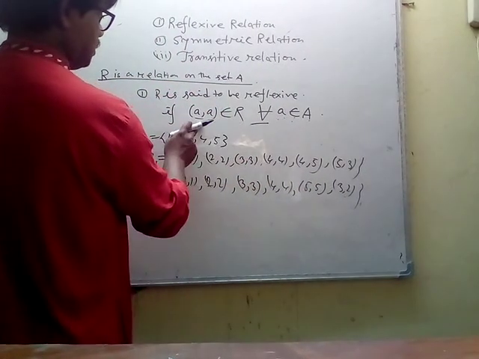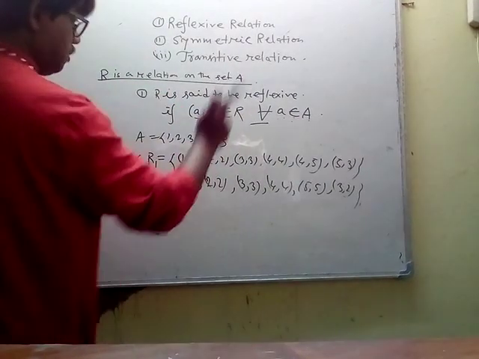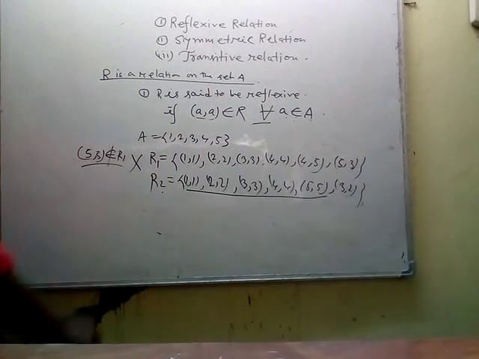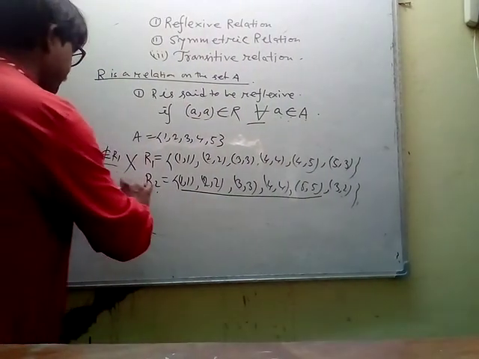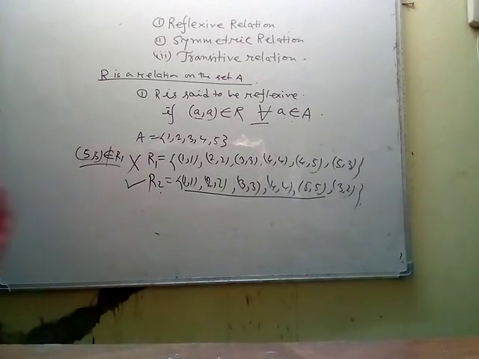This condition is satisfied: for all a belongs to A, (a, a) belongs to R. So this is a reflexive relation.